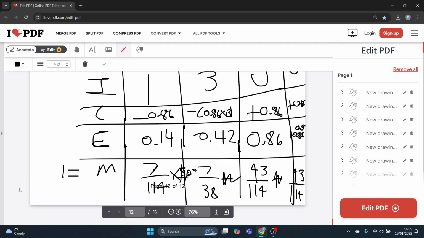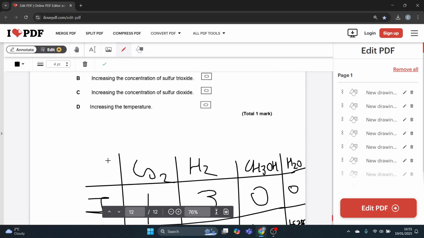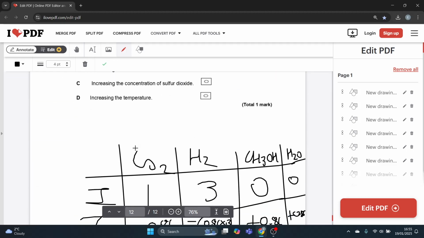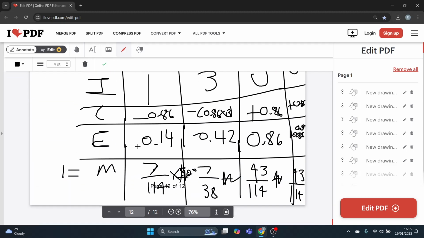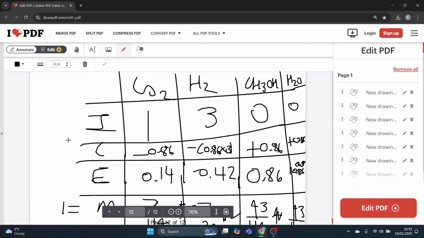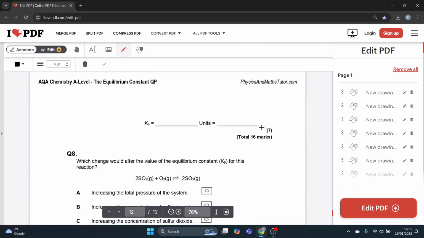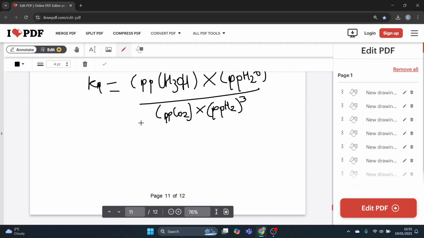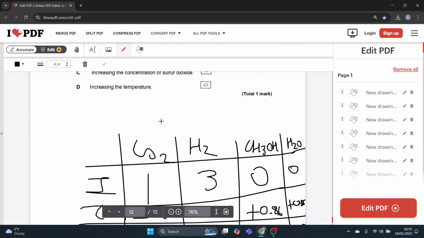Divide that by 7 over 114 times by 500, remember, include curly brackets, and in the calculator make sure you include brackets as well. Carbon dioxide, I've only got 1. Hydrogen, I've got 3 moles of, so times by 7 out of 114 times by 500 cubed. Obviously, you'd probably show this because it is 7 marks, so I'd probably write it all down, but it's a waste of time if I do it in full for you guys.